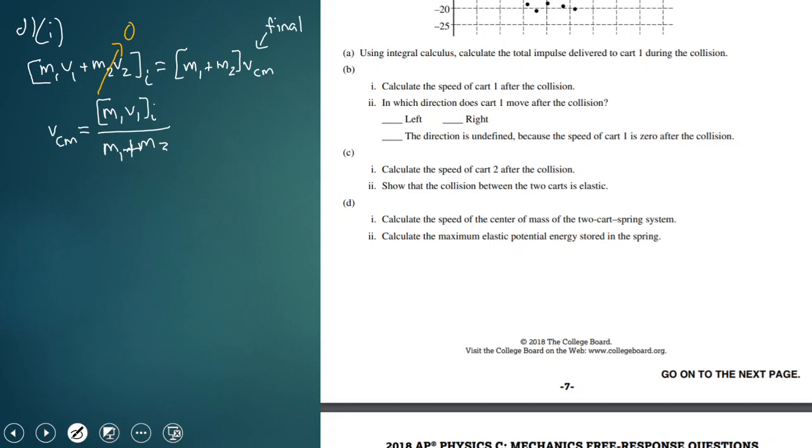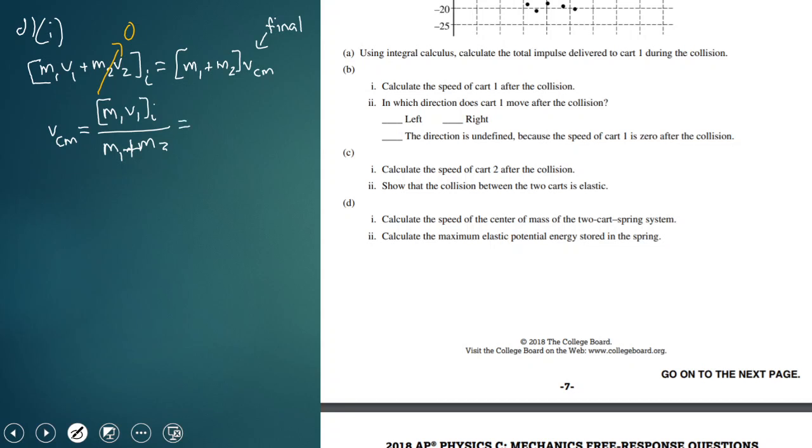But because we don't want to consider the mass of the second cart initially, only afterwards, we write it like this. So it's M1 V1, which is the total momentum initially of the system, equal to the system together, M1 plus M2, because that's when they interact, times our total velocity of the center of mass.